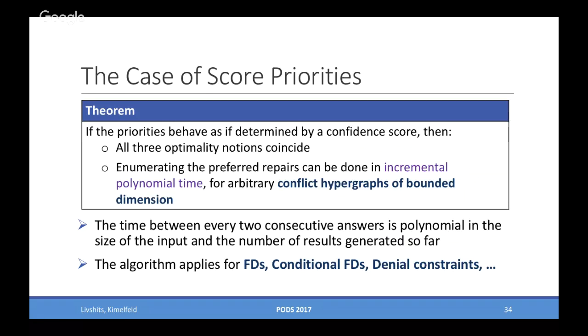Now, conflict hypergraphs are just a generalization of conflict graphs, and the important thing is that conflict hypergraphs of bounded dimension can represent many different types of constraints. Okay, they can represent functional dependencies and conditional functional dependencies, and equality generating dependencies, and the more general denial constraints, and so on. So in this case, we actually cover all of these types of constraints.